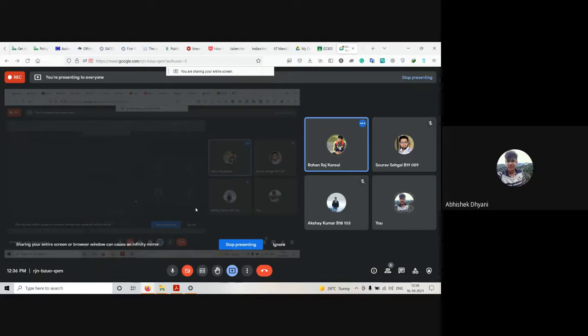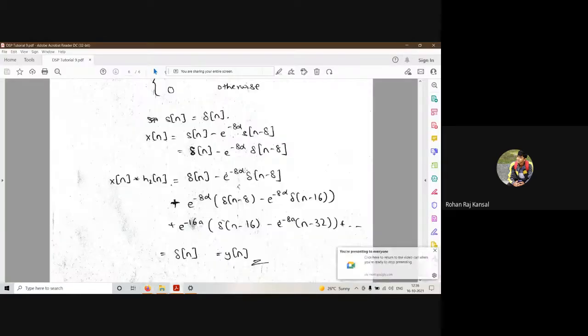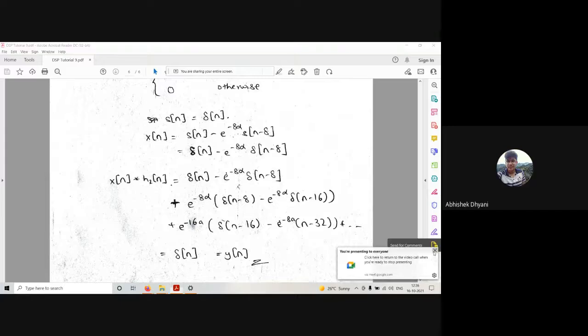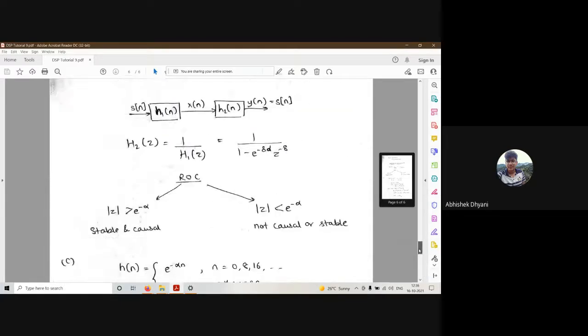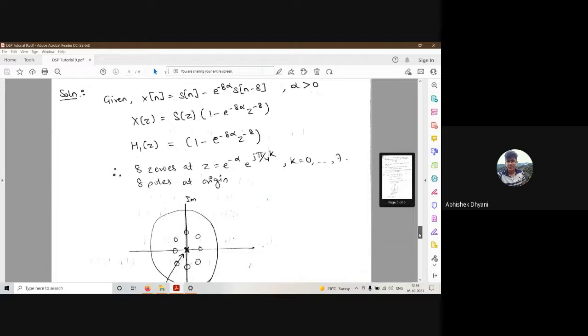Sorry? In the first part of the last question, you said there are 8 poles. How are there 8 poles at the origin? Okay, yes, so there are 8 poles.